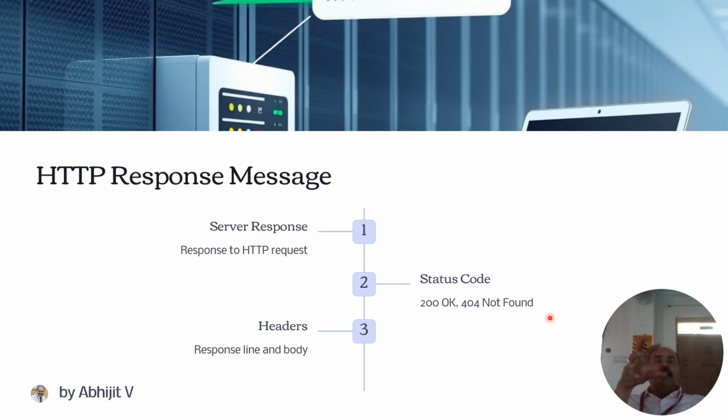So it is a built-in standard way of responding to a request message in case you don't have the particular document available in your server. Is that clear? The next part is the headers, response line and body. So every request and response will have headers. We have acknowledgement, right?